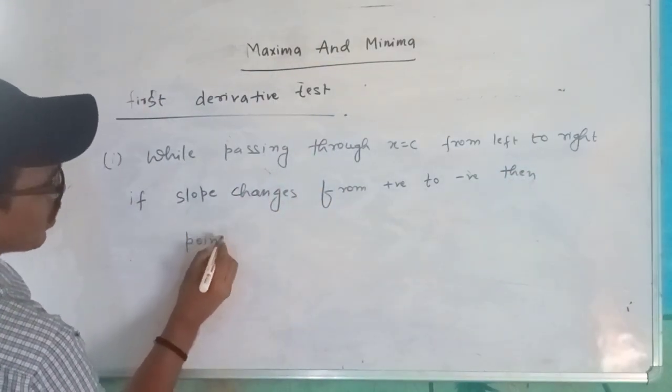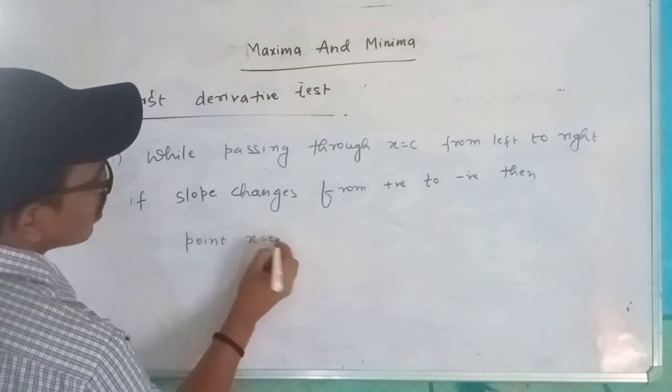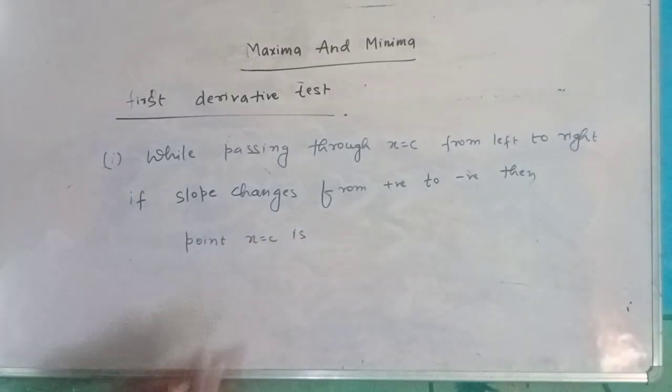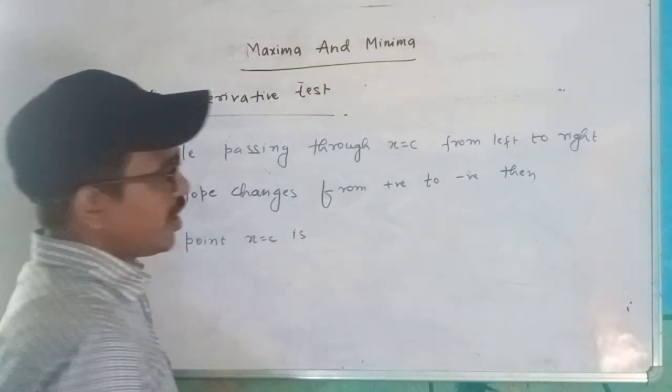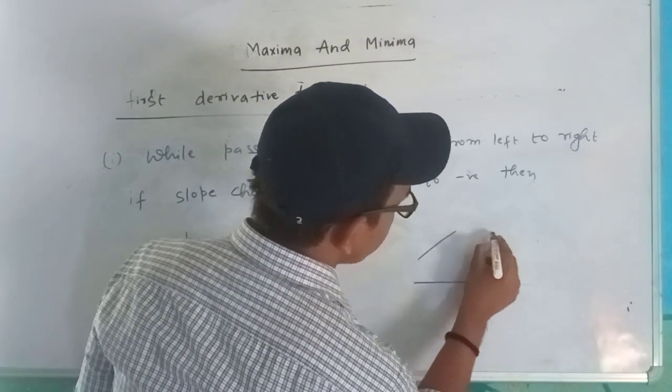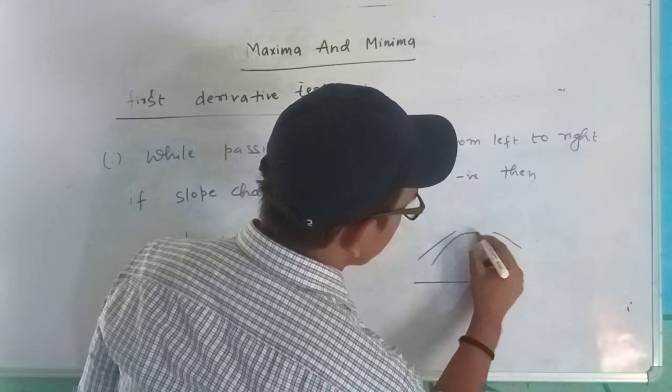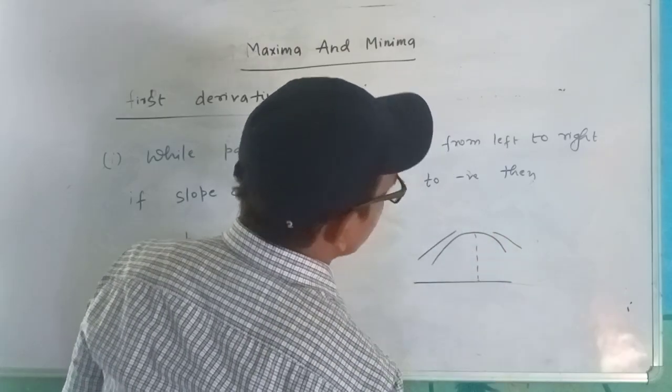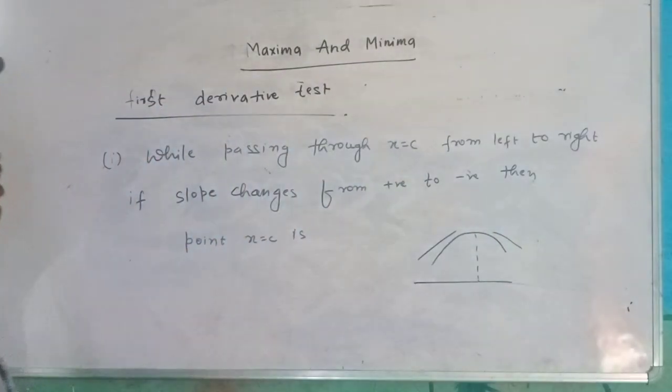So first the slope is positive and then it is negative. So clearly this is a point of local maximum.